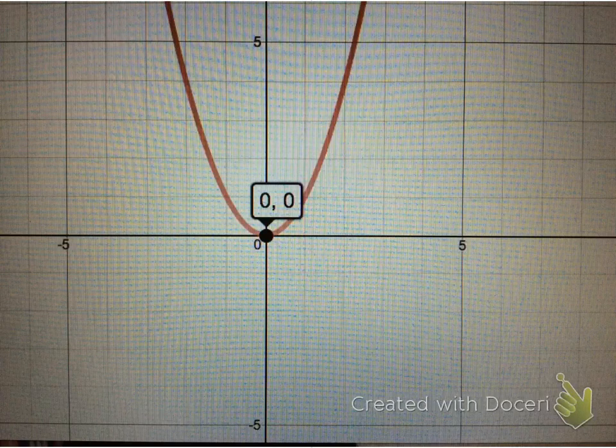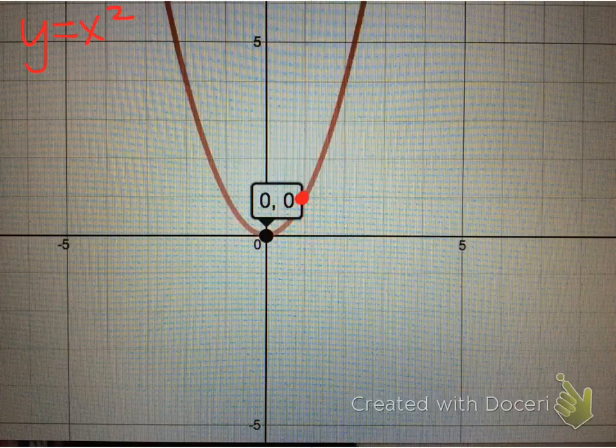Okay, so now let's look at the function that has the equation y equals x squared. So we have a point at 0, 0, and we also have a point at 1, 1, and -1, 1. Then we have a point at 2, 4, and -2, 4.